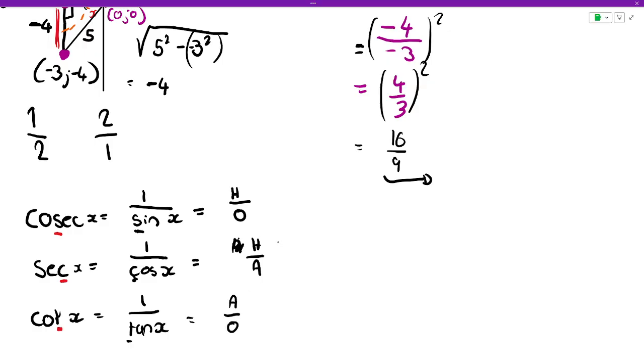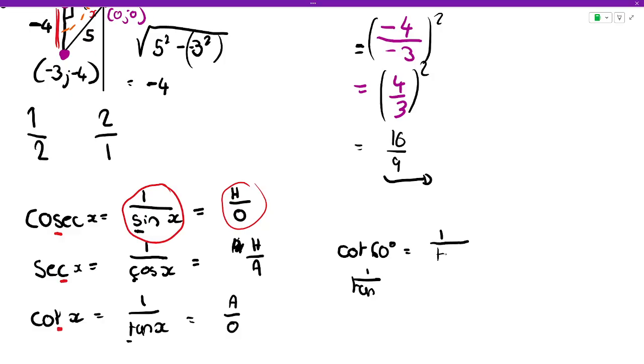Quite simple. Now you use this one for special angles, and we mainly use this one. So if I ask you what is cot of 60 degrees, which is 1 over tan of 60 degrees.